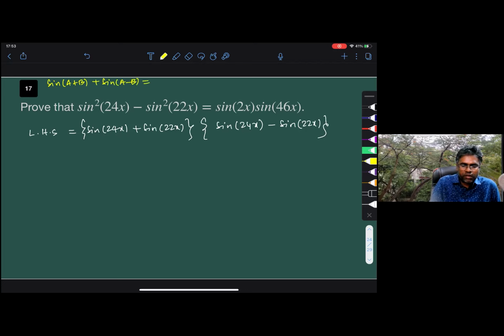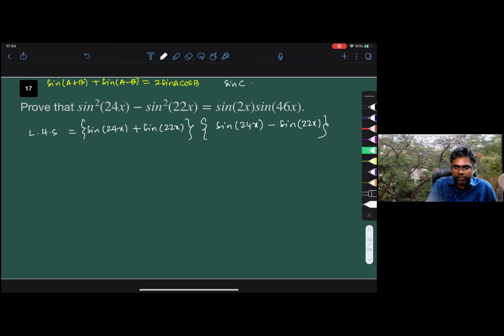You get 2 sin a cos b. Sometimes you could also write it this way. Listen carefully, guys. Now I can write a plus b as c, and a minus b as d.